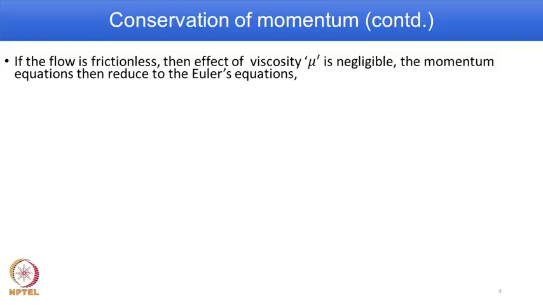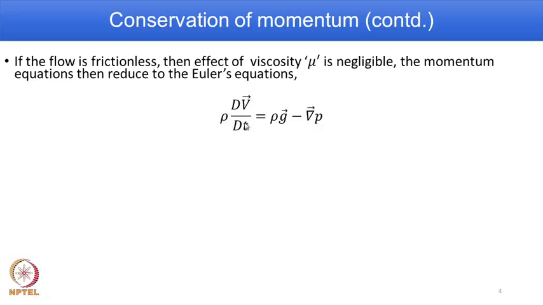For example, if the flow is frictionless, then the effect of the viscosity mu term is negligible. In the Navier-Stokes equation, the mu term appears as a viscous stress term on the right hand side. That term is removed and you get the resultant equation as the Euler equation.